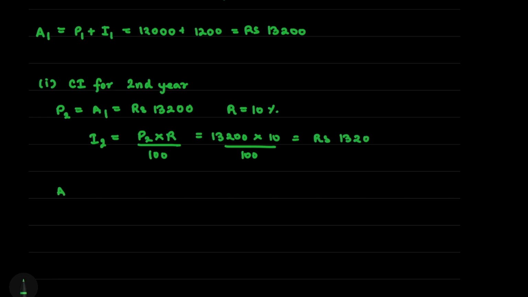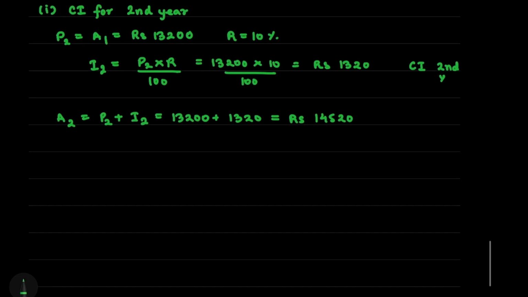Now we'll calculate the amount. So this is our first one. This is the compound interest for the second year. We'll calculate the amount for the second year, and that is the principal in the second year plus the interest in the second year, and that is 13,200 plus 1,320, and this comes out to be 14,520 rupees. Finally, let's calculate the compound interest for the third year.